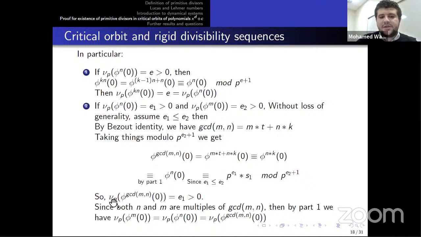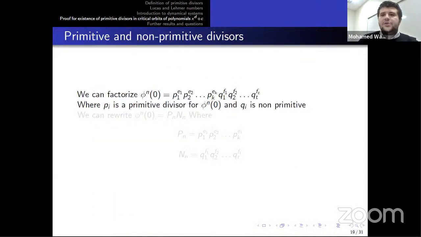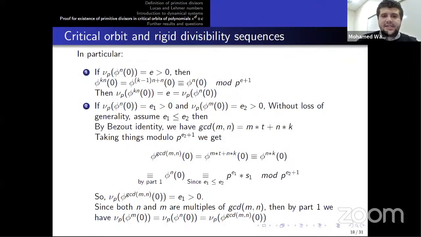So that means that the valuation of the phi of the GCD is equal to e1. And by the first part, phi n and phi m are both multiples of phi of the GCD, so their valuation will be the same and equal to e1. So now we proved that this sequence is a divisibility sequence.